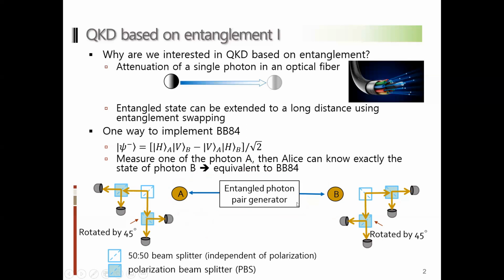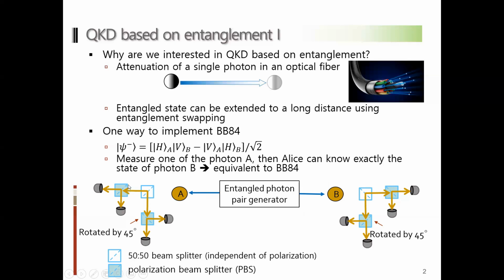However, if we use this kind of entangled photon pair generator, then even for the selection of the measurement basis, we can do it naturally, using the quantum property. It can be done by sending this photon through something called a 50-50 beam splitter.